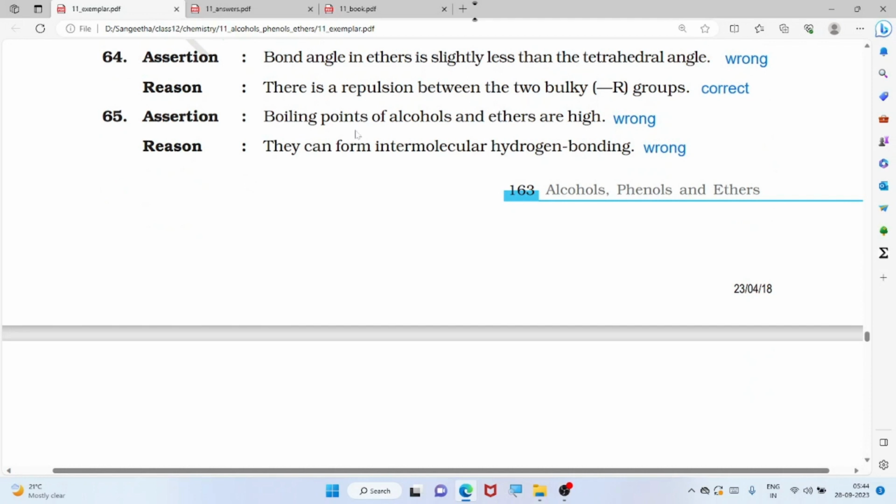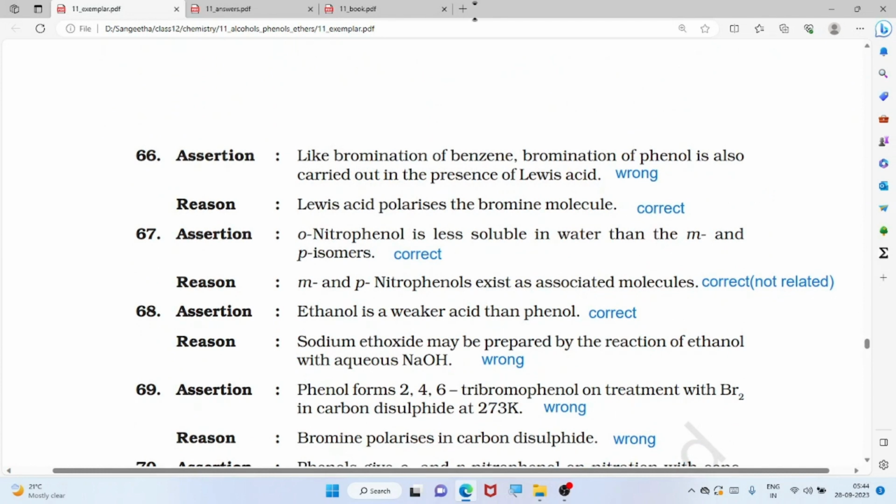Boiling points of alcohols and ethers are both high? No, only alcohol is higher. So this is wrong. Alcohols can form intermolecular hydrogen bonds, ethers cannot. So this is also wrong. Like bromination of benzene, bromination of phenol is also carried out in the presence of a Lewis acid.